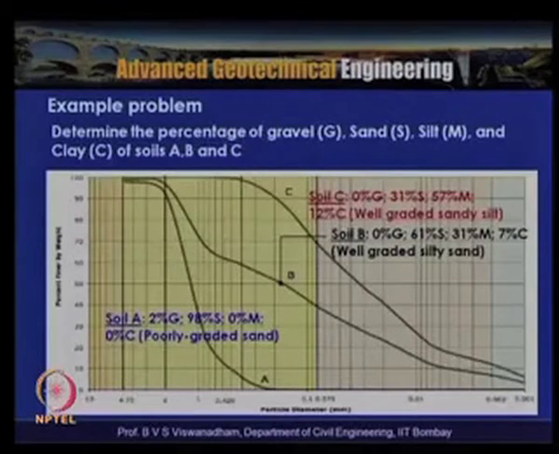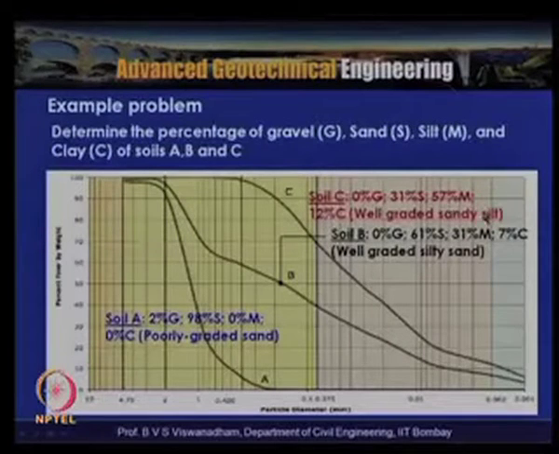So, in this example problem shown in this slide, we need to determine the percentage of gravel, sand and silt. Gravel is indicated as G, sand as S, silt as M, and clay as C, for soils A, B and C. The three typical grain size distributions are shown here: one is a poorly graded sand, here a well graded silty sand, and here a well graded sandy silt.